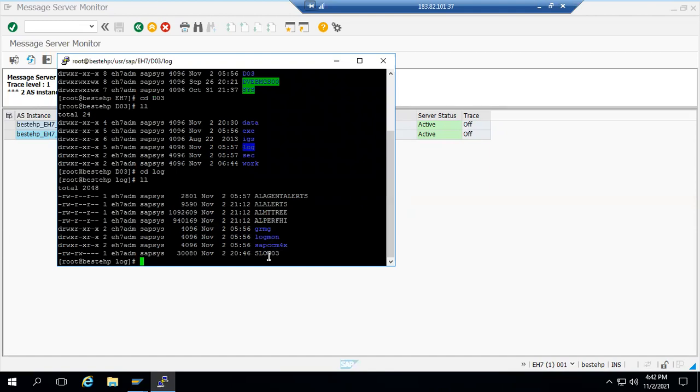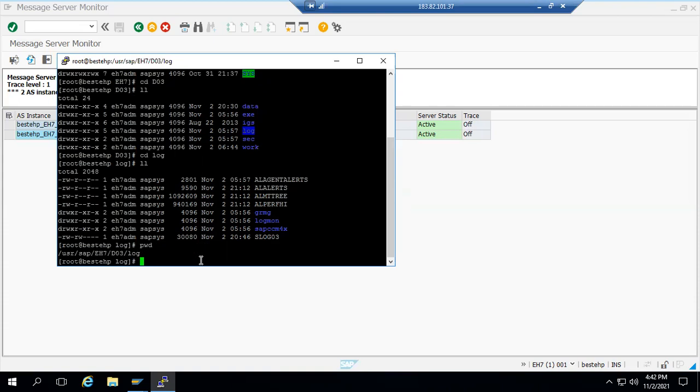So see, enq back. So this is the path. If you set this parameter to enabled, then only it will appear here. Otherwise, it will not appear here.